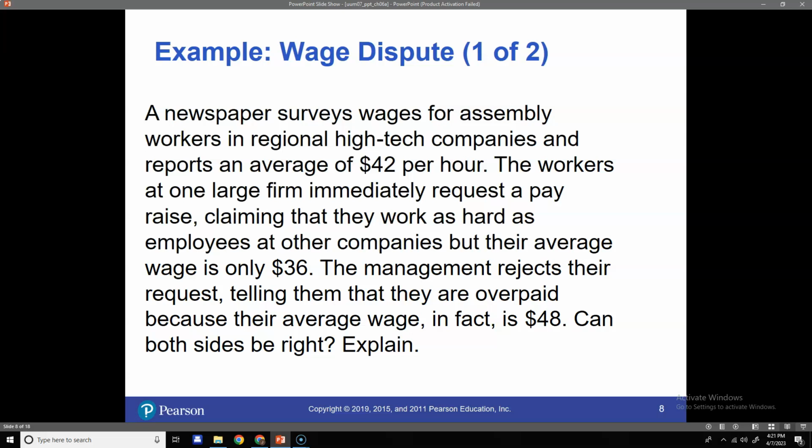I mean, if the data's right, they're using the word average, and so far for statistics, we've only used the words median and mean. So if one is using the word average to mean mean, and the other is using the word average to mean median, then certainly this could be possible.